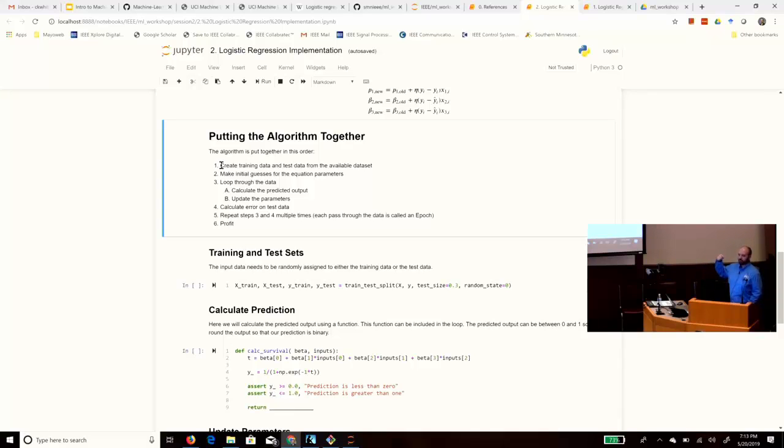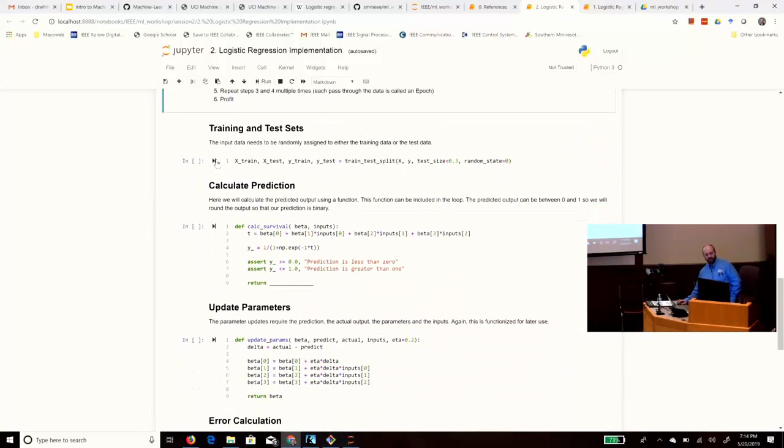And then you're going to run multiple epochs. I picked the number 10. You can pick any number you want. And at the end of each loop through the data, you're going to calculate your error. So you're going to run through the data once, calculate your error, run through the data again, calculate your error, and then we'll move through that a number of times, and then at the end we'll profit. So there we go.